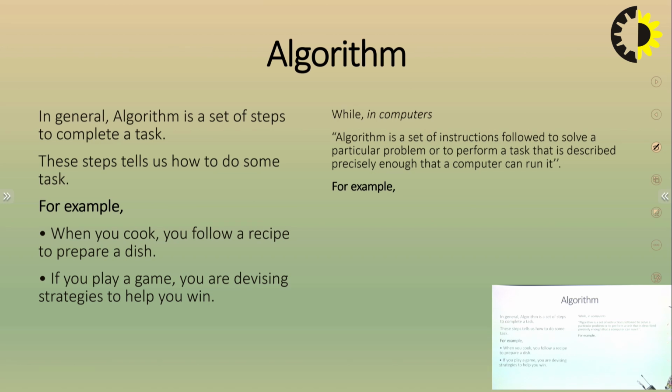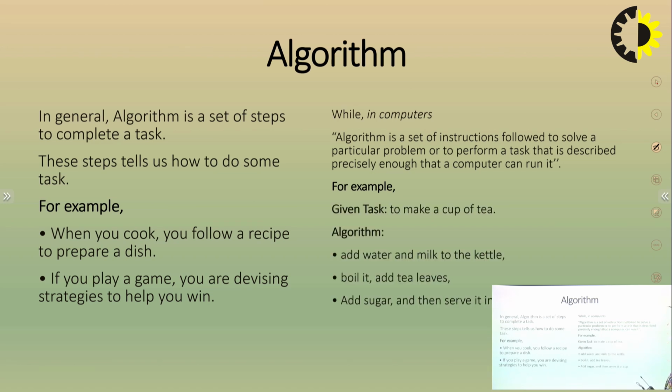Now I am going to take a real life example. Suppose I say, prepare a cup of tea for me. Then what will you do? You have to add some water and milk to the kettle, first of all.